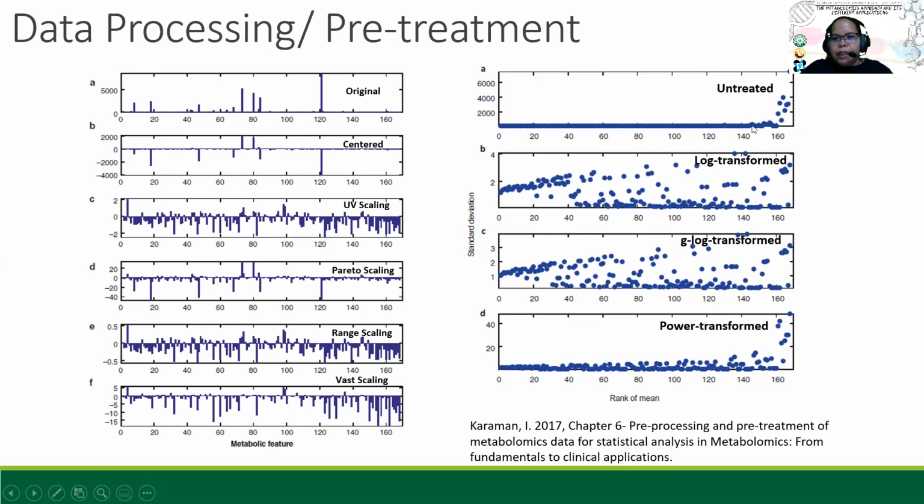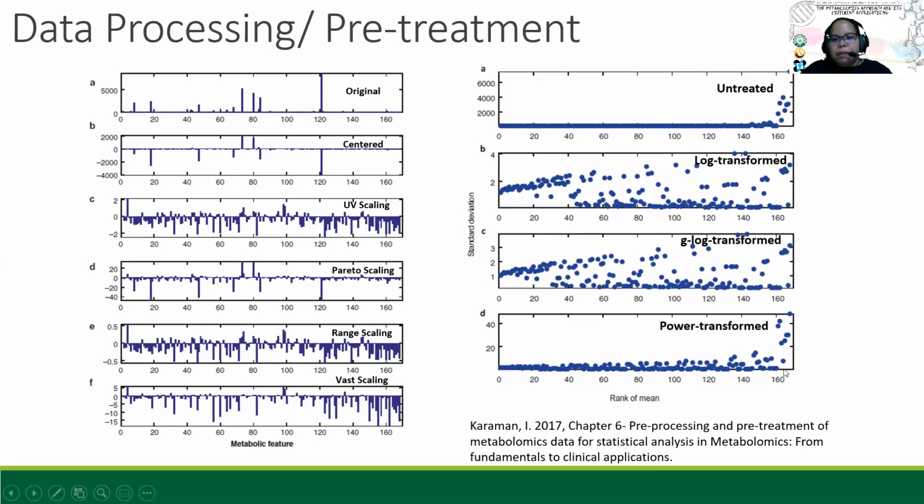As you can see, with untreated, you have some signals that are of very high noise, high variation, and then with transformation, you make them more comparable. The standard deviations are only in a particular range that are common across most of the signals.